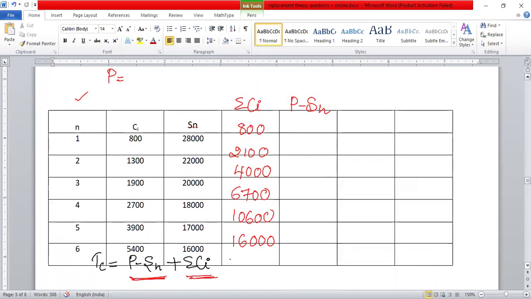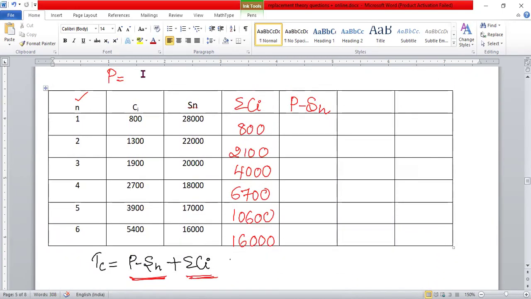In the 3-row column, S of n is not given as a constant. So how to do P minus S of n? 36,000 minus the S of n value, minus 28,000, we need to subtract it. So that is 8,000.